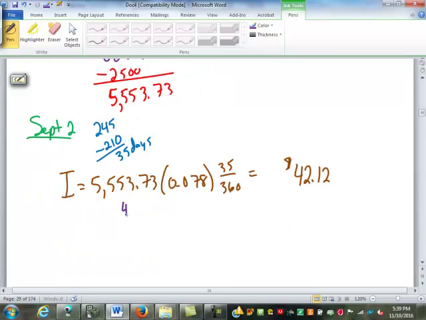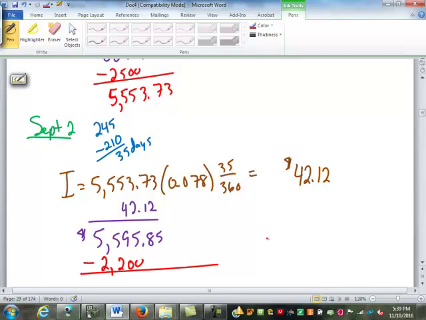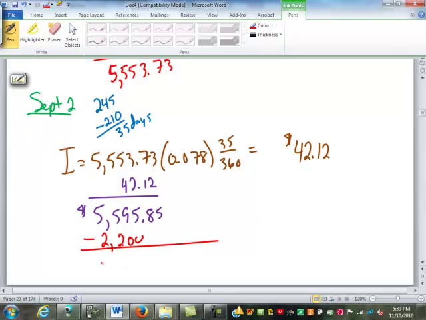We add that on. $5,595.85 is our balance before the payment. That was a payment of $2,200. So we are left with a balance of $3,395.85 after the second payment.